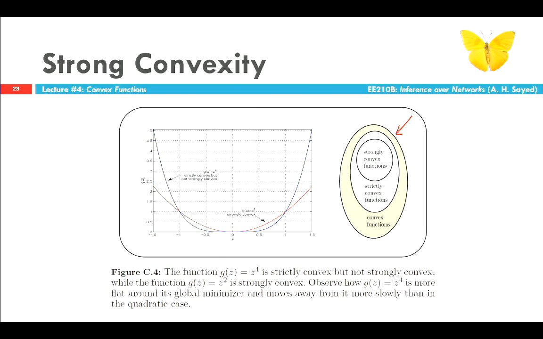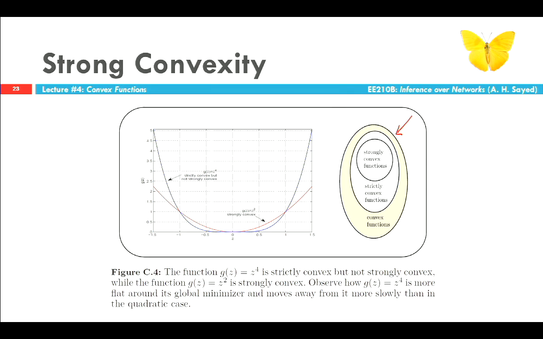Strictly convex is smaller and strongly convex is smaller. So you understand this. Here on the left, I have a plot of two functions, z squared and z to the 4, okay? I claimed to you that z squared is strongly convex, z to the 4 is strictly convex but not strongly convex, okay? How do you prove it?